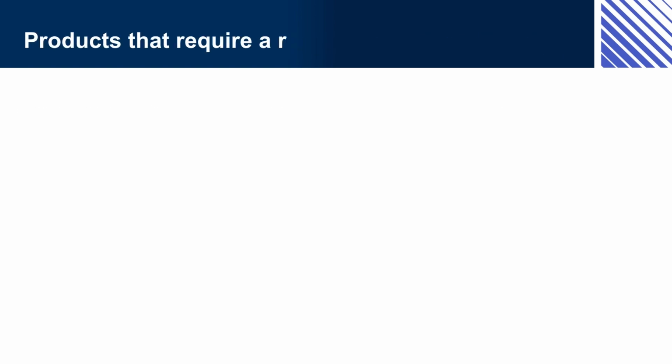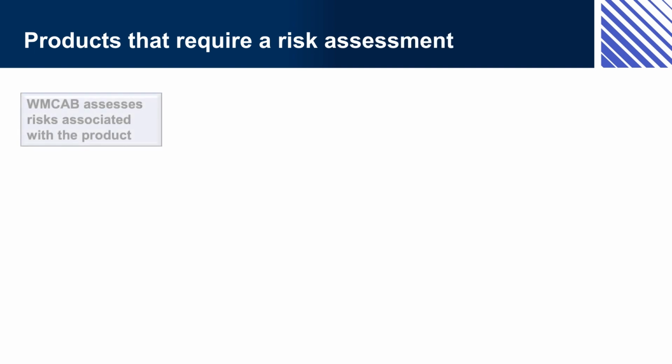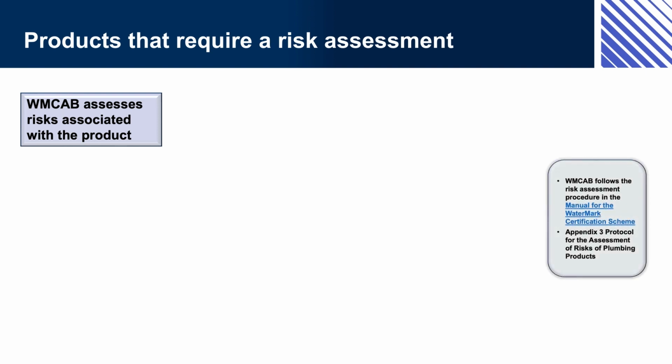Products that require a risk assessment. WMCAB assesses risk associated with the product. WMCAB follows the risk assessment procedure in the Manual for the WaterMark Certification Scheme, Appendix 3, Protocol for the Assessment of Risks of Plumbing Products.